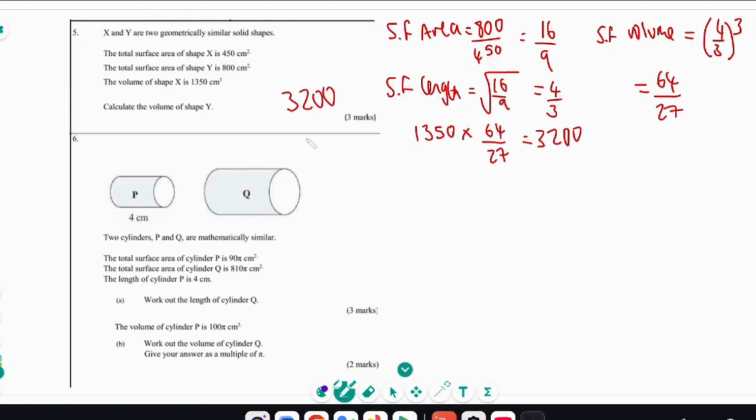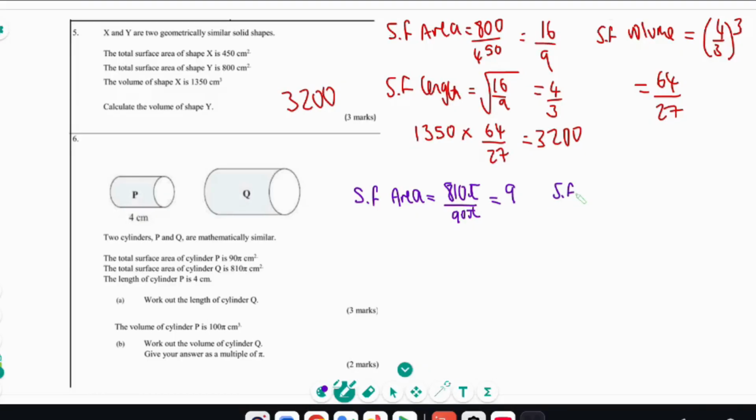Work out the length for Q. So let's find a scale factor for area. 810 pi over 90 pi, which simplifies to, the pi's cancel because pi divided by pi is 1, so that simplifies to 9. So the scale factor for area is 9.